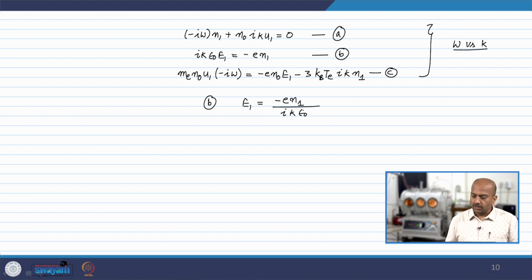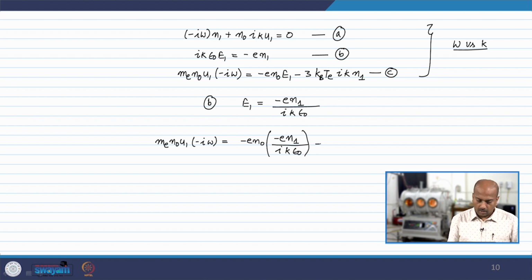Substituting this in equation C, we will get m e n naught u1 times minus i omega is equal to minus e n naught times minus e n1 divided by i k epsilon naught, minus 3 k B T e i k n1.